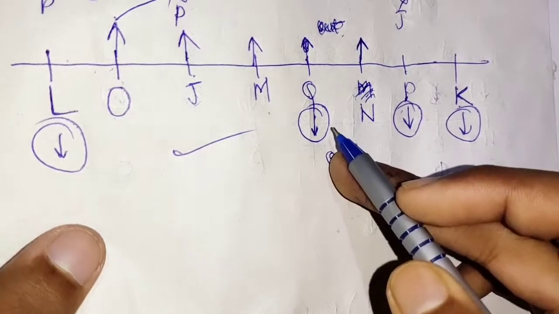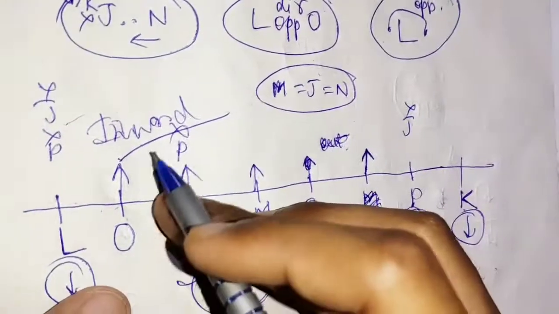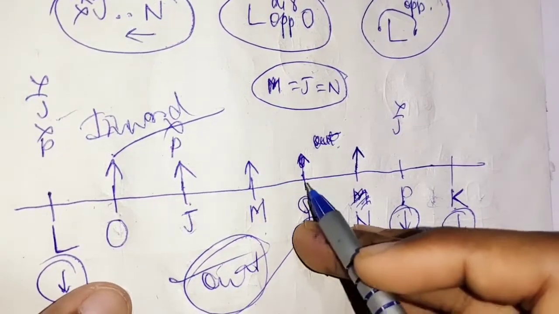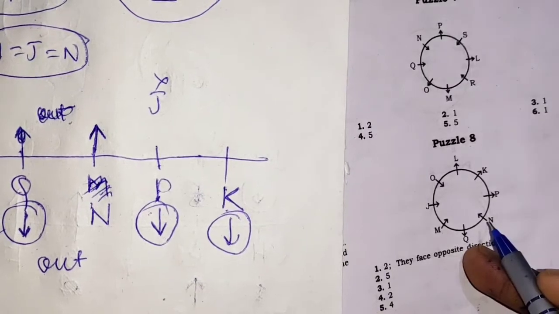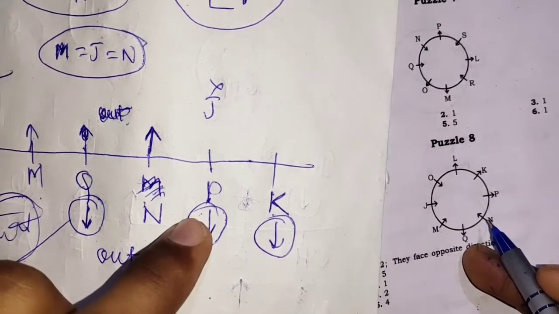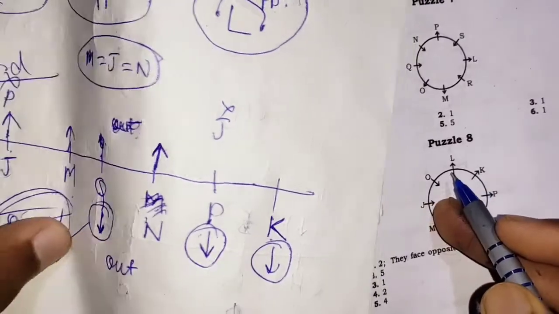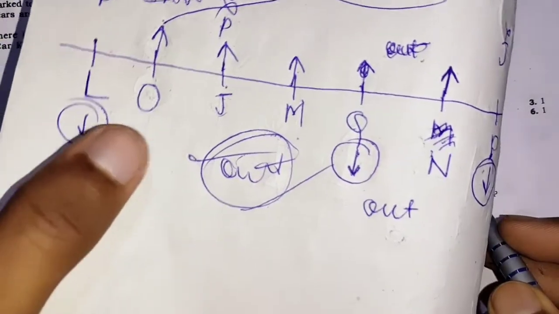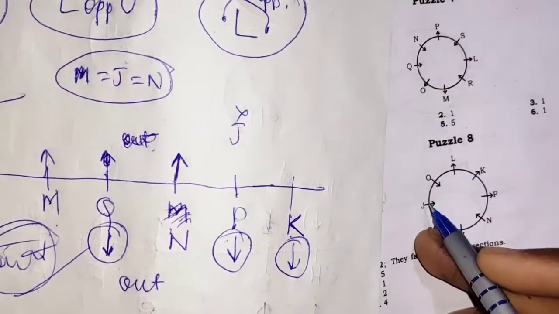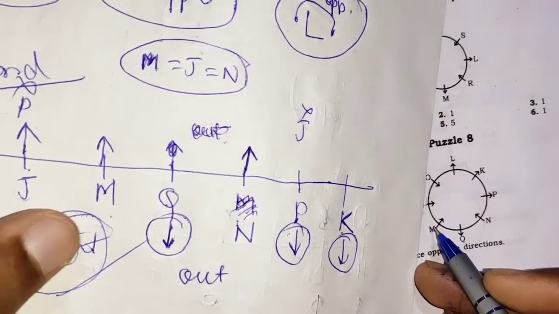Q is facing outward and Q's direction is downward, so this is out. Then N is facing inward, then P facing outward, K facing outward, then L facing outward. Then O is facing inward, J is facing inward, and M is also facing inward.